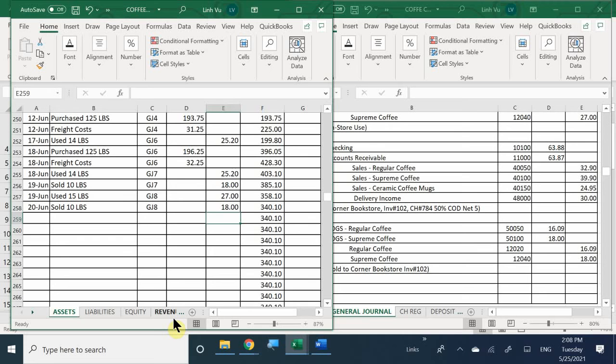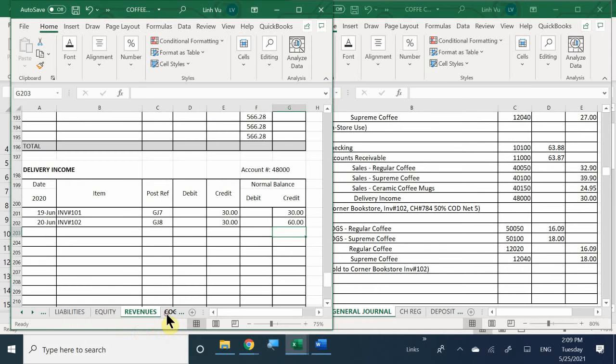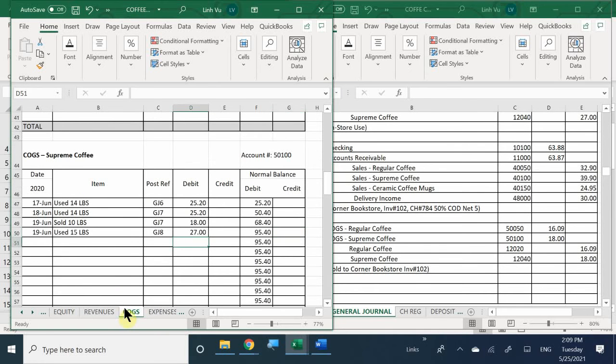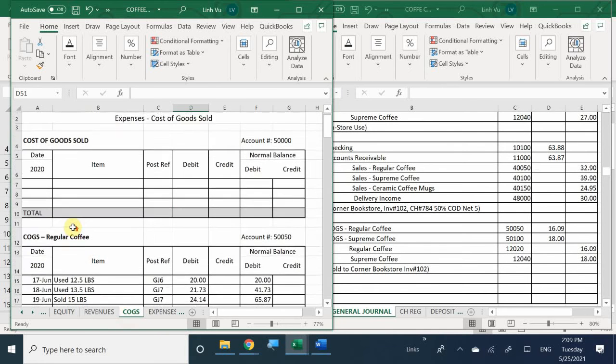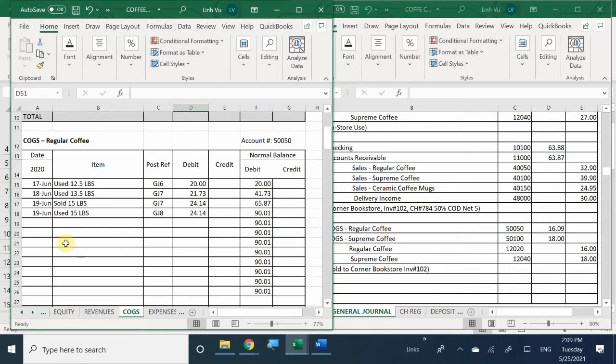When we're finished here, we'll go to cost of goods sold. Cost of goods sold, 6/20, sold 10 pounds. GJ8. Debit is 1609 for a running balance of 106.10.